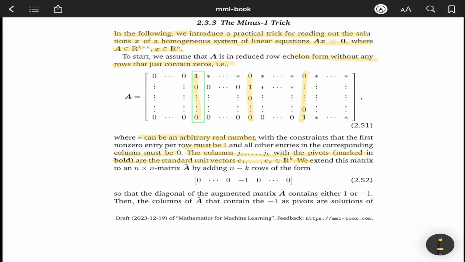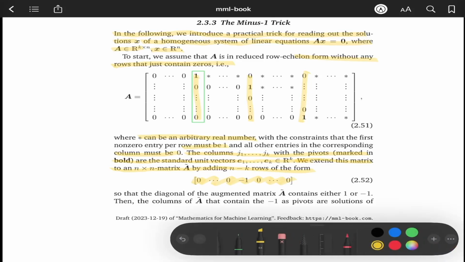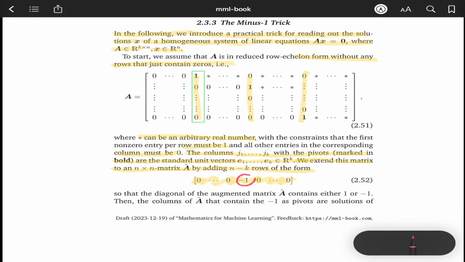We extend this matrix to an n times n matrix by adding n minus k rows of this form, which means it has only zeros except a minus 1, and I guess the position of this minus 1 depends, so that we have this diagonal thing keep going, and we call this new matrix A hat.